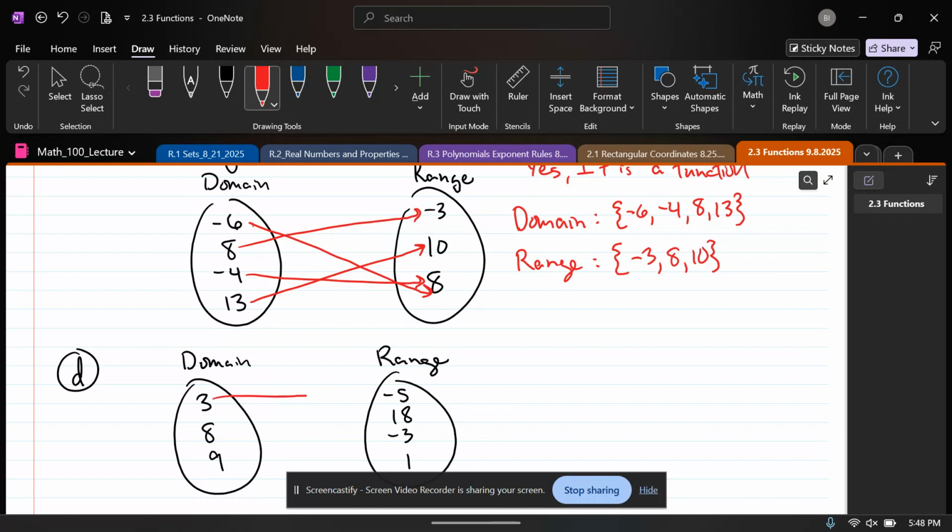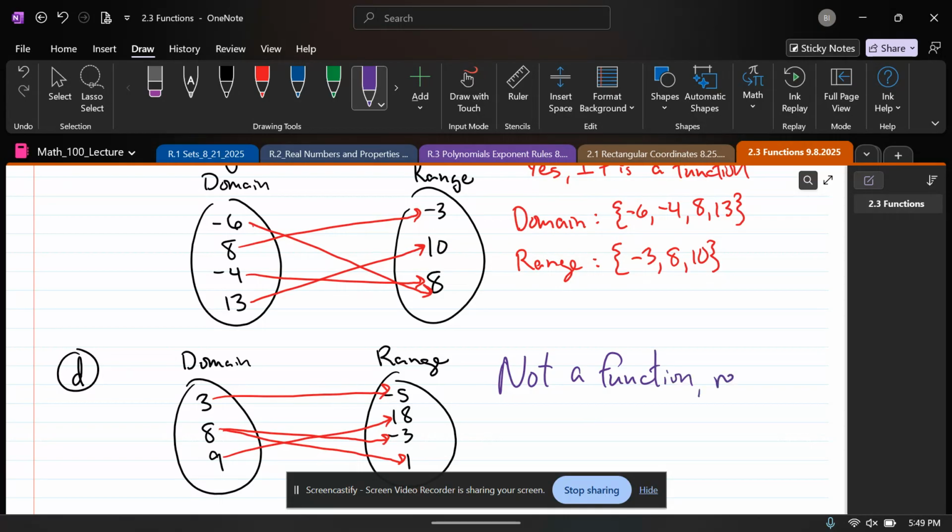Let's say we had 3 going to the -5, 8 going to the -3, and 9 going to the 18, but 8 also went to the 1. In that case, not a function. Repeating x value. That 8 got used twice.